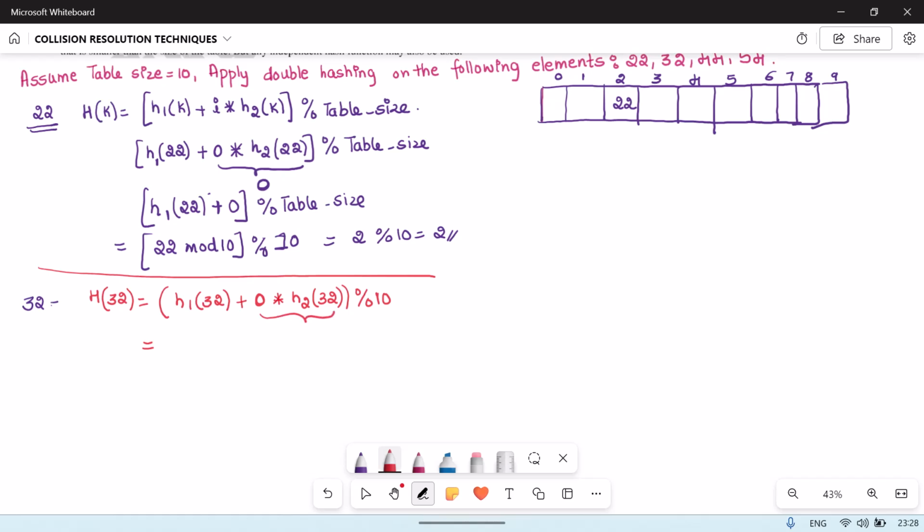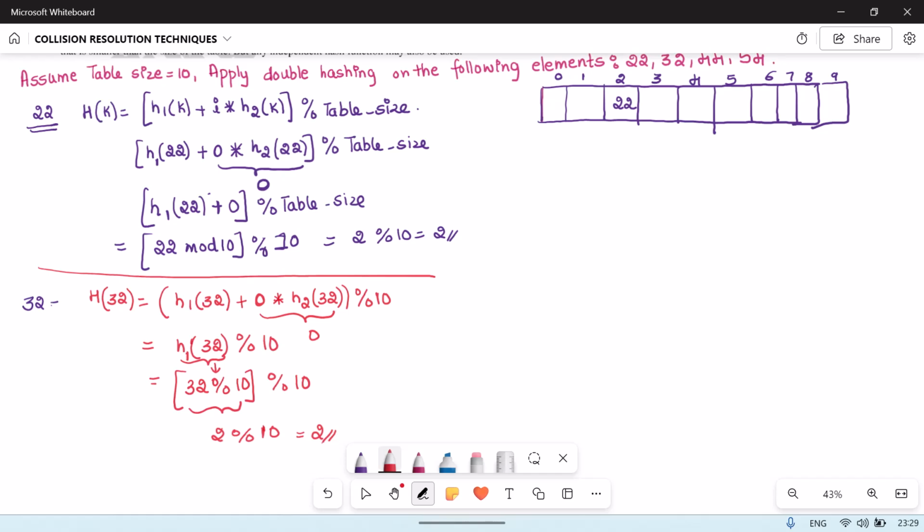Initially i is 0, so again this part will become 0. It is h1 of 32 mod 10, which means 32 mod 10, so it is 2 mod 10, which is again equal to 2.